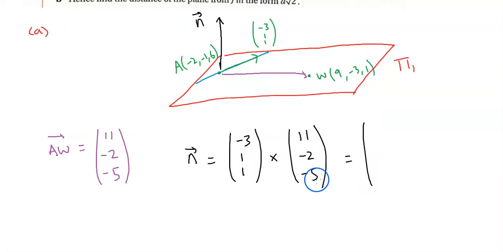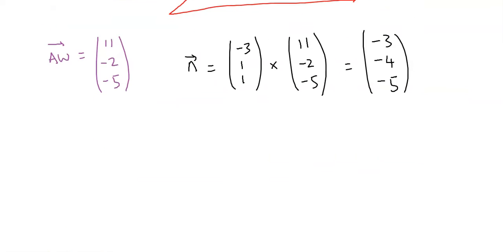Alright, so 1 times -5 is -5, minus -2 makes -3, and then we have 11 minus 15 is -4, and lastly 6 minus 11 is -5. And of course we don't have to take this normal vector. We can also take the normal vector n1, which is -1 times n, which is just (3, 4, 5), just because I prefer to do it that way. Doesn't make a difference which one you actually take.